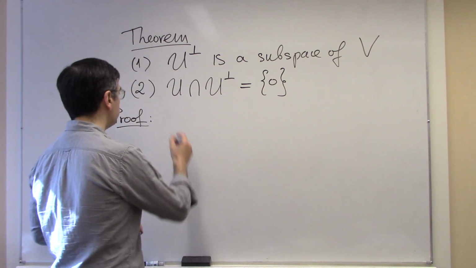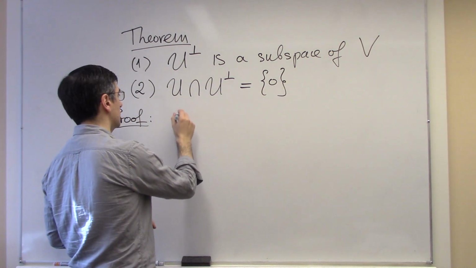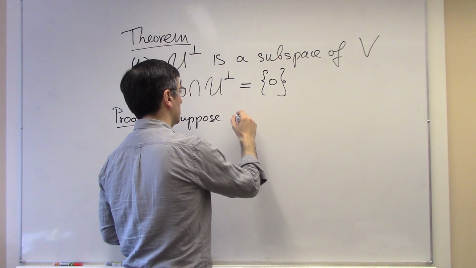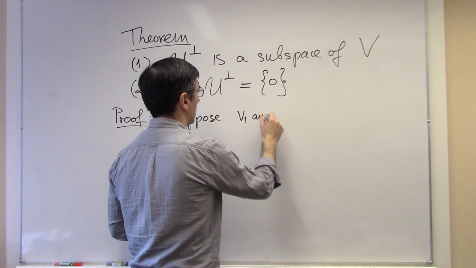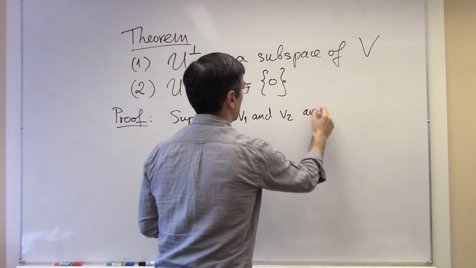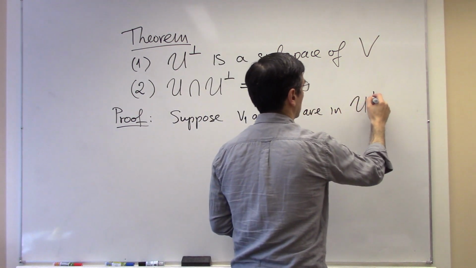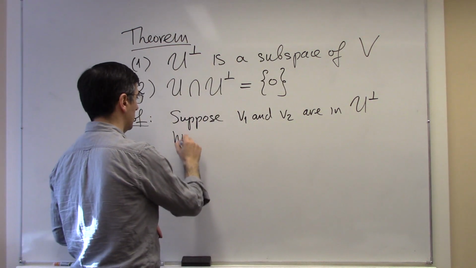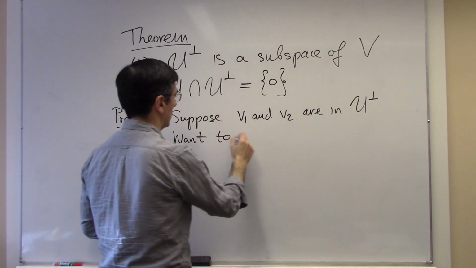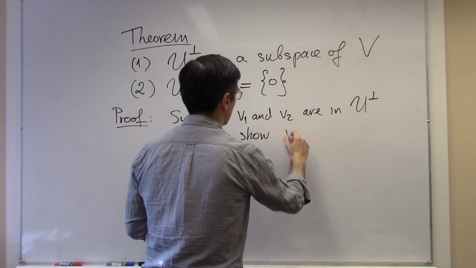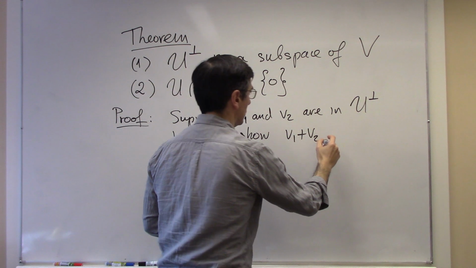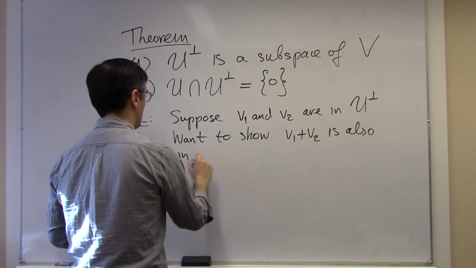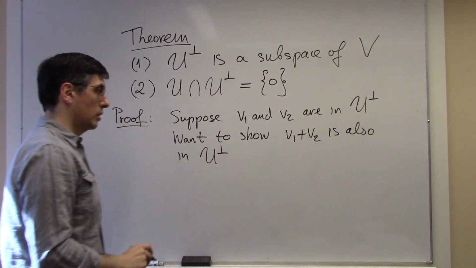So suppose v1 and v2 are in this orthogonal complement, and we want to show v1 plus v2 is also in this orthogonal complement.